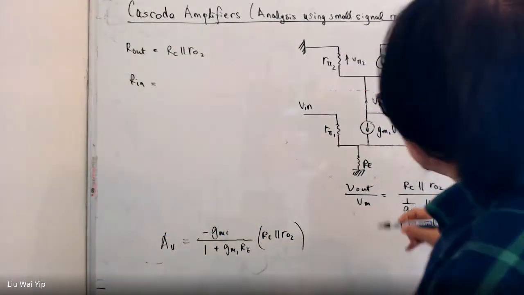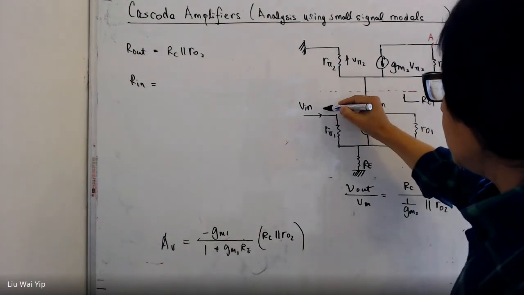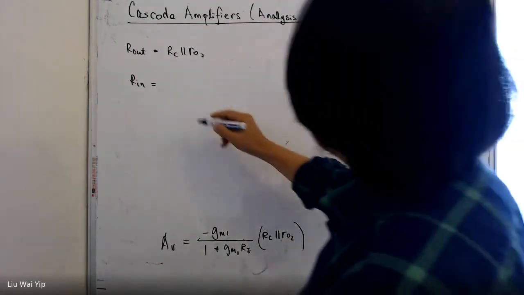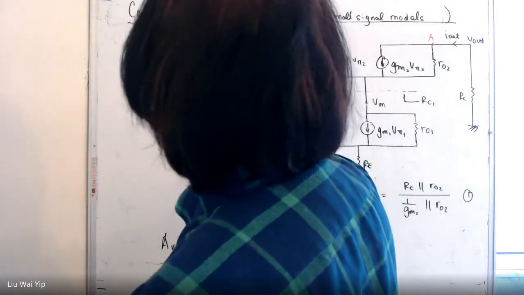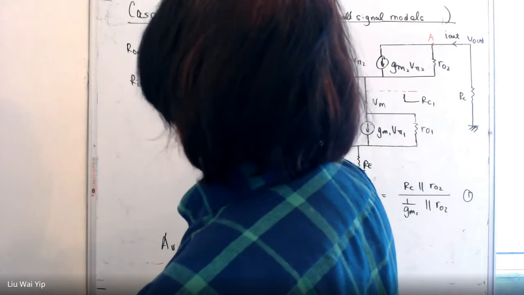Now, the Rin, what is Rin? Rin is going to be Vin divided by IB1.